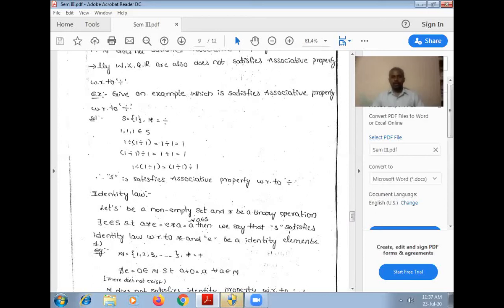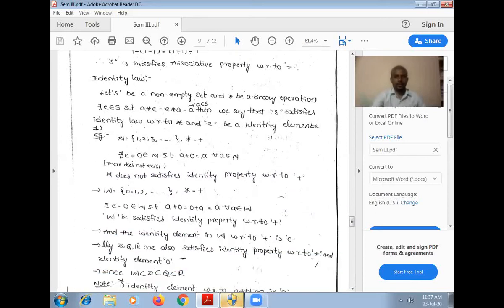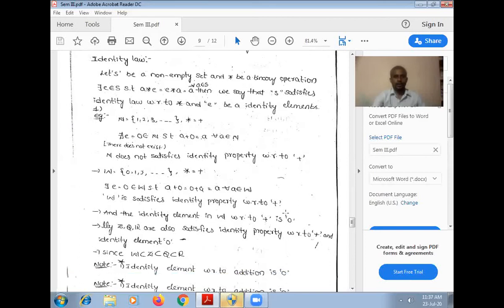So after the associative law, we go to another property or definition of law. So another property is the identity law. It is a most important property, identity law or identity property. Let us take S to be a non-empty set and star to be a binary operation.